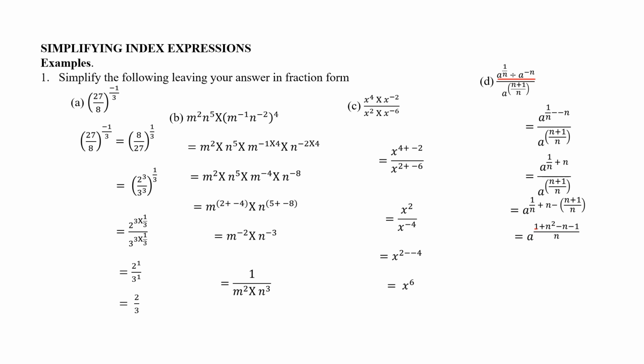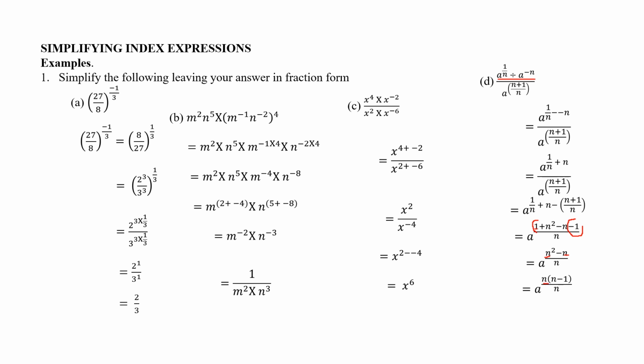Now we add the like terms, that is the positive 1 here and the negative 1. One is positive, one is negative, and they are of the same magnitude, so they cancel out to have n squared minus n all over n. Then here we are having a factor of n, so when I move it out, I'll be having n just like that.